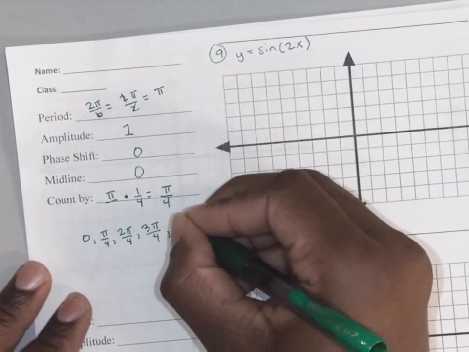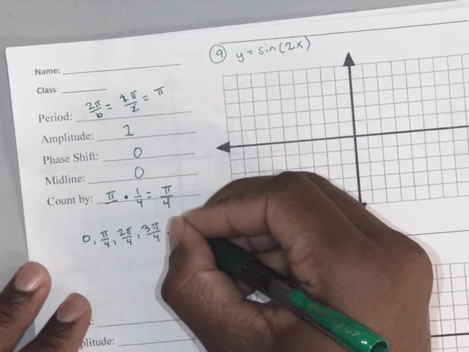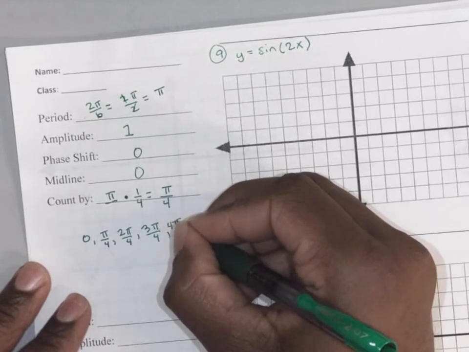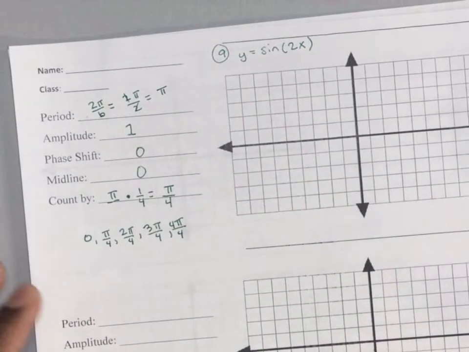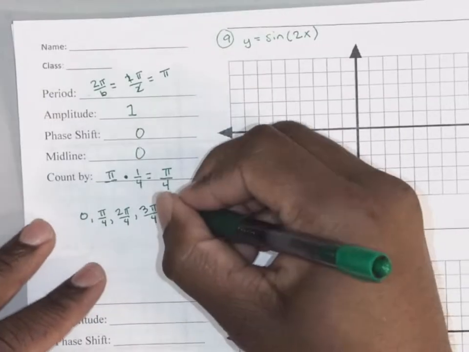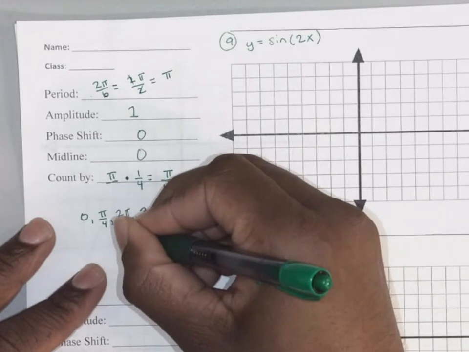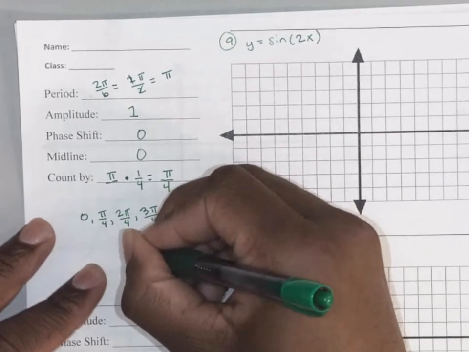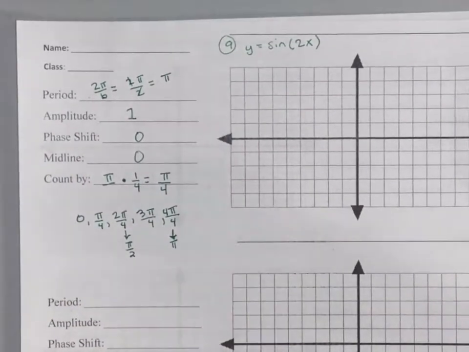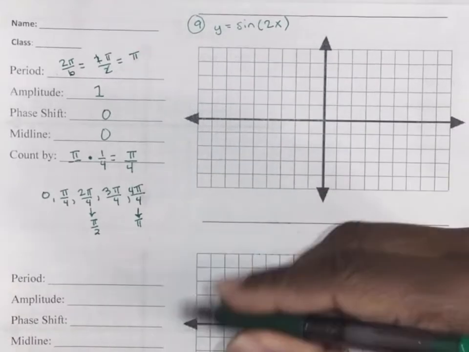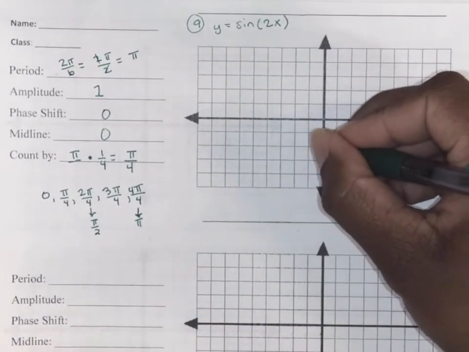And then my fifth and final point will be adding another pi over 4 to that, so it'll be 4 pi over 4, which is where my period will finish. So this one simplifies to be just pi. This one, pi over 2. So my count by tells me how I get to the end of my first period. So I'll go ahead and start putting this on the graph.